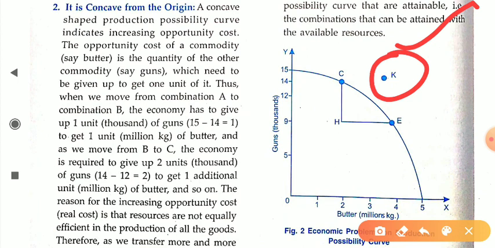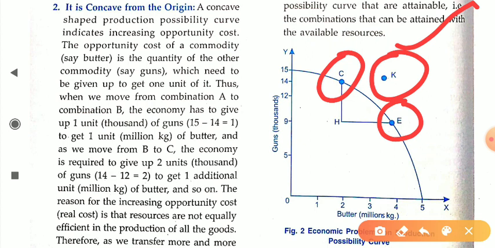It means with the available resources you cannot attain this point. The points which lie on the PPC curve, like point E and point C, are known as attainable combinations. It means those combinations you can attain with the available resources.